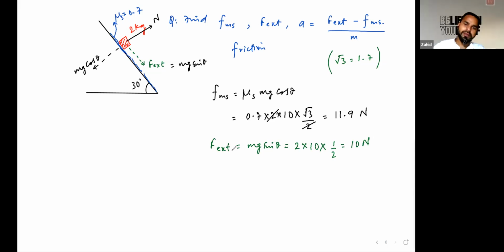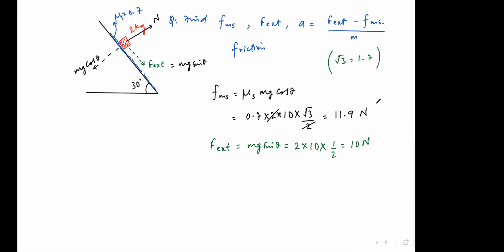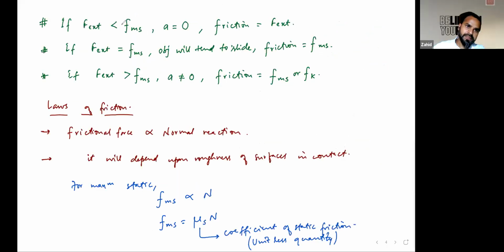Now just compare which of the two forces is greater, F maximum static or F external. Sir, F maximum static. So if F external is less than maximum static, there would be no acceleration in the block. It will remain at rest.